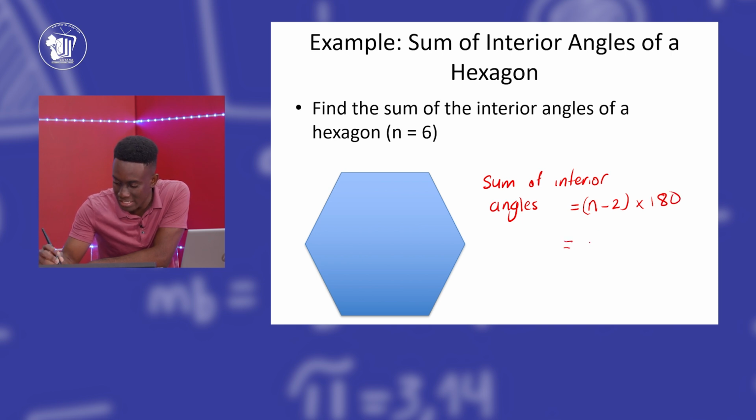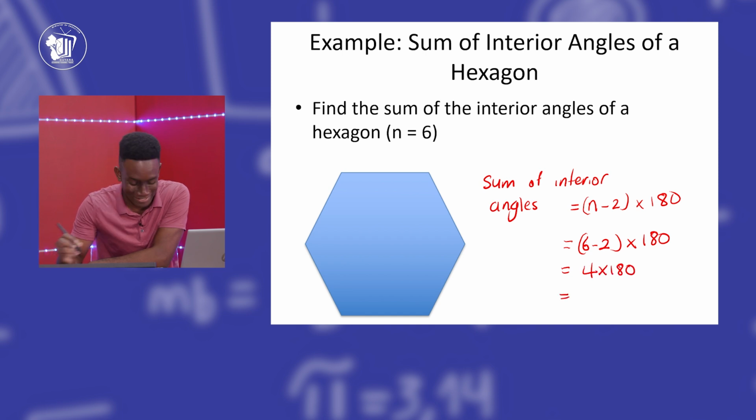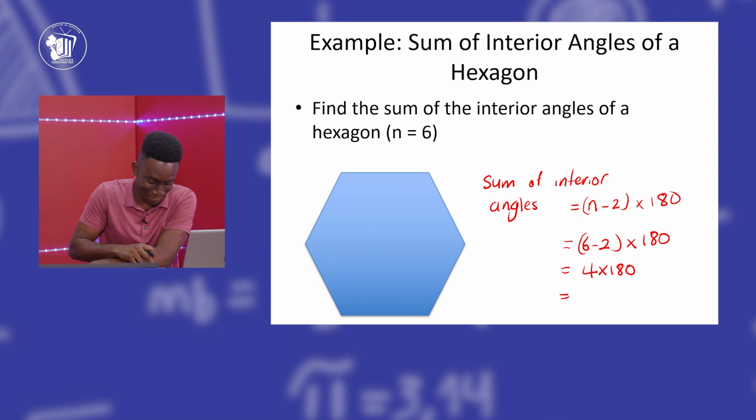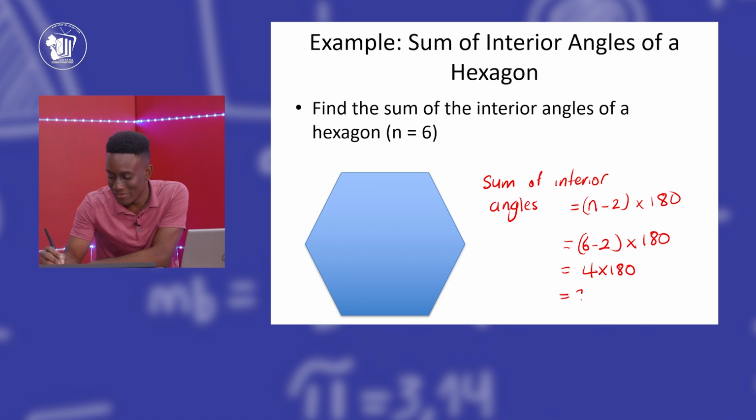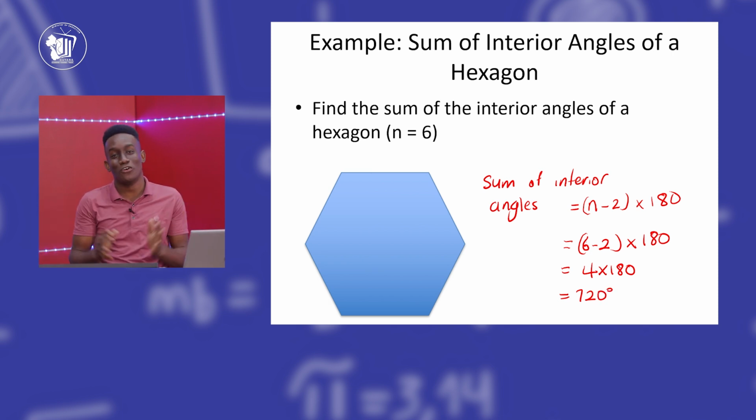In this case, n is 6, so it's 6 minus 2 multiplied by 180. 6 minus 2 will give us 4 multiplied by 180. This would give us 720 degrees. So of course we use the formula there.